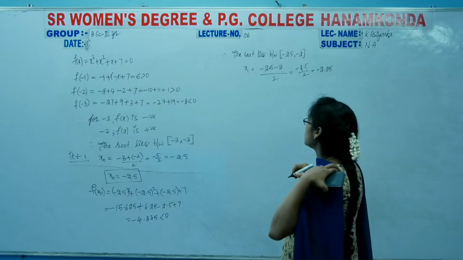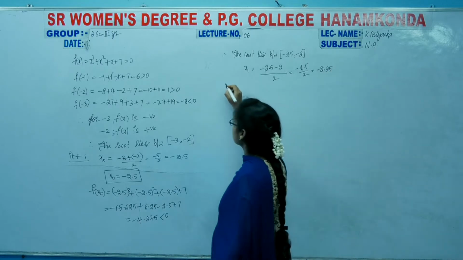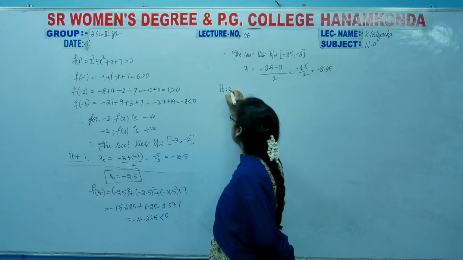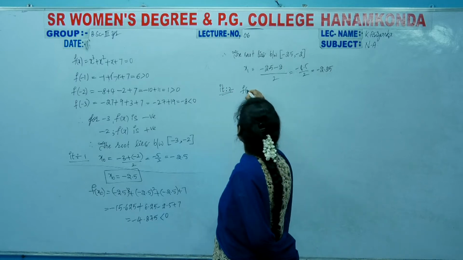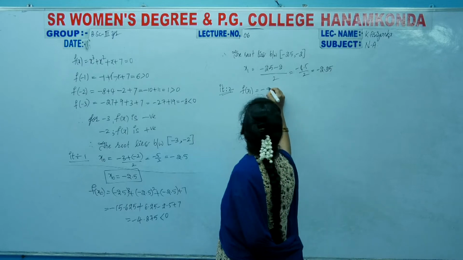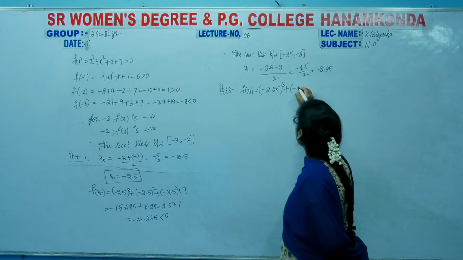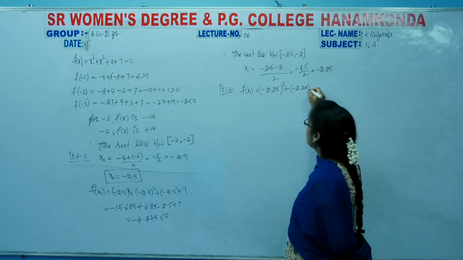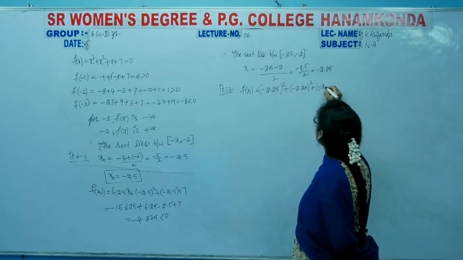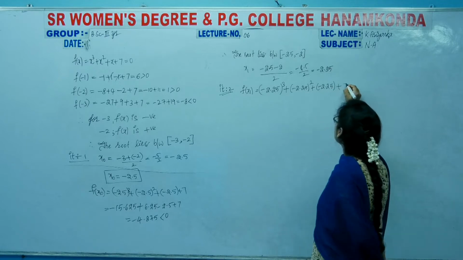Okay, so next here we have the value of x. Next iteration number 2. Now f of x1 equals minus 2.25 whole cube plus minus 2.25 whole square plus minus 2.25 plus 7.